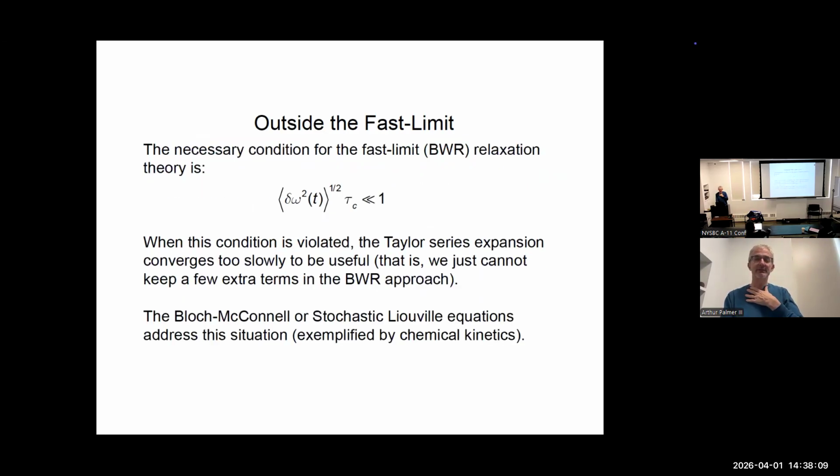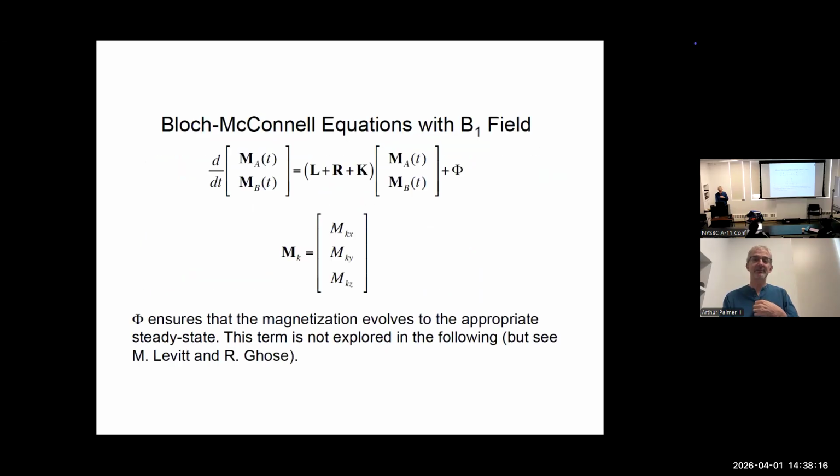As I said already, when we're not in the fast limit, the Taylor series doesn't much help. And we're back to looking at the Bloch-McConnell equations. So again, we can just numerically calculate these results. We can put in what we think the rates are, calculate the decay, fit the resulting decays, and get the apparent rate constants.